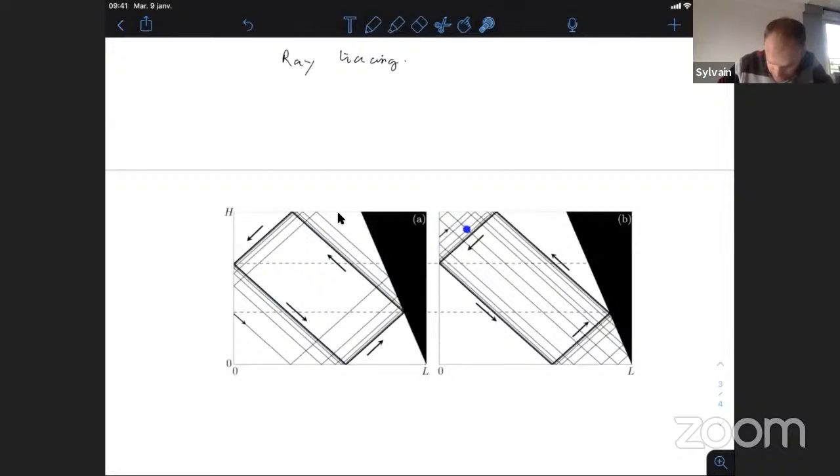You do this ray tracing. At the end, you end on exactly the same pattern as the ray tracing on the left.